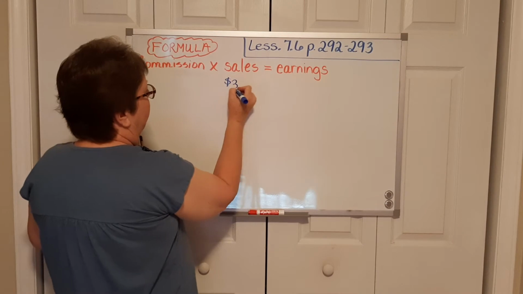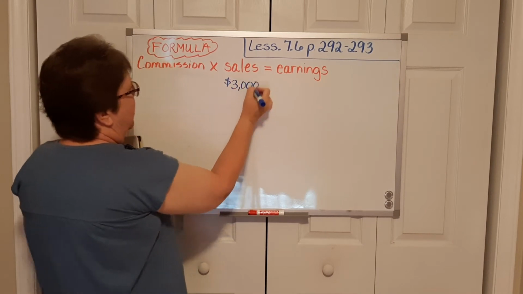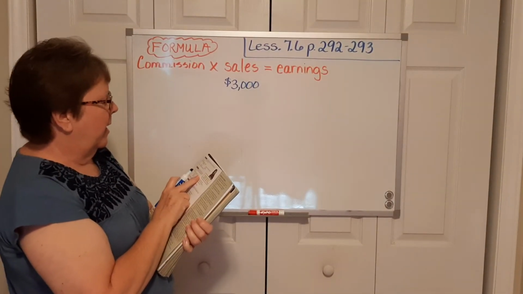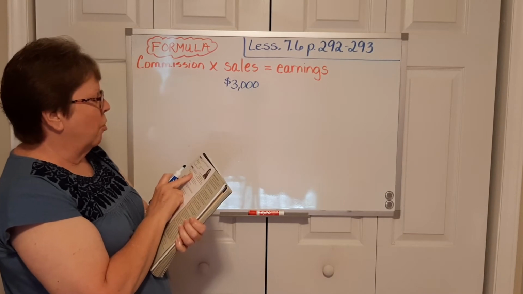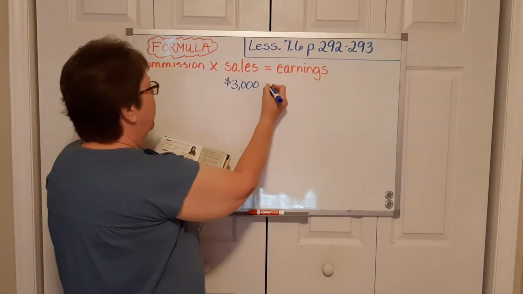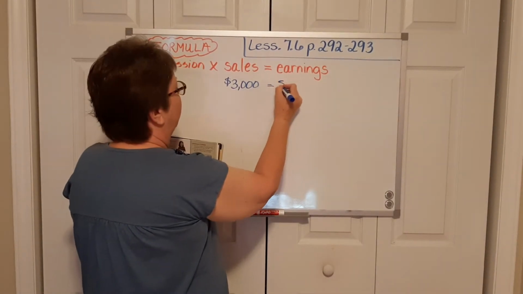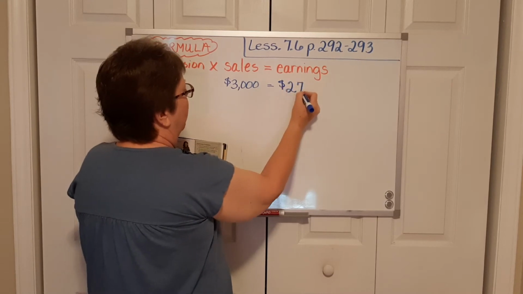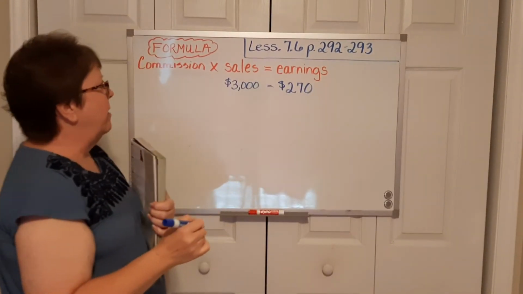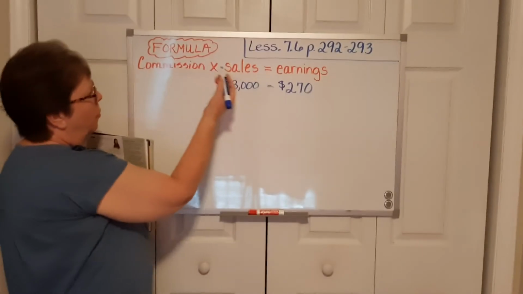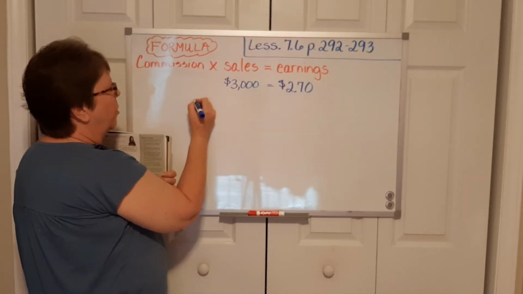So they're telling us they had $3,000 in sales, and it earns a salesperson $270. So we're trying to find the commission. We don't really know what it is yet.